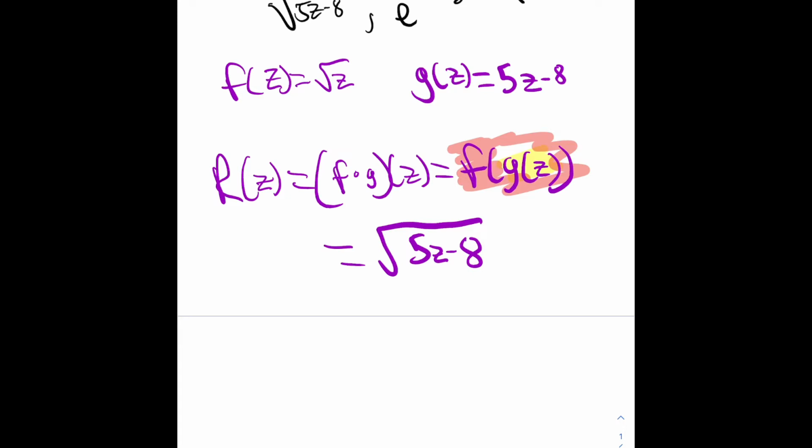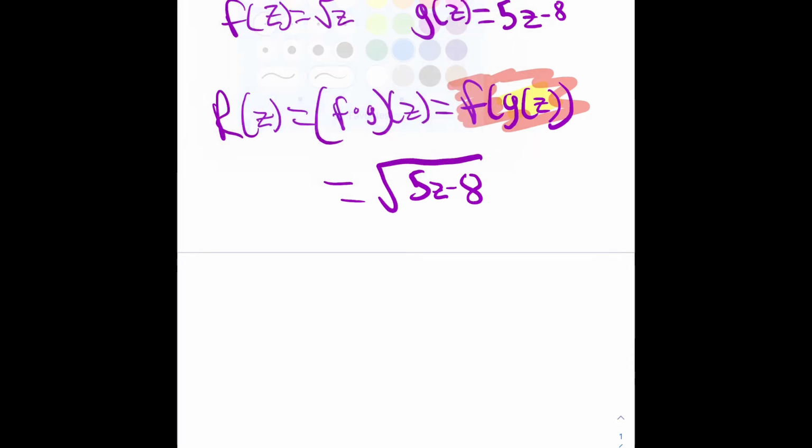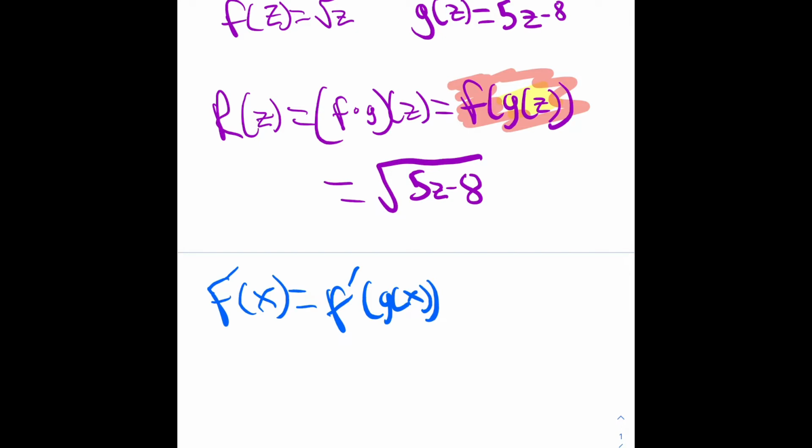The chain rule basically works like this. If you're trying to find the derivative of f of g of x, you're going to find the derivative of f, and then the derivative of just the inside, and you're going to multiply them together.